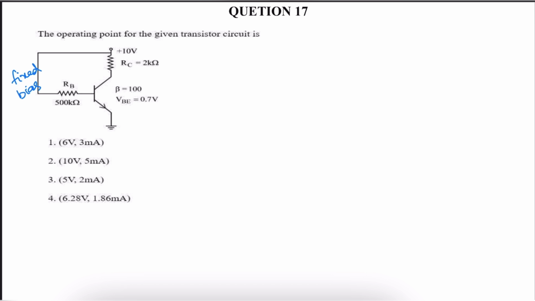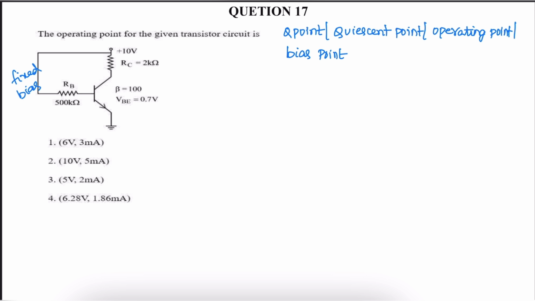They ask to calculate the operating point, or Q point, or quiescent point, or bias point, which is a steady state DC voltage and DC current level at the transistor terminal when no input is applied.